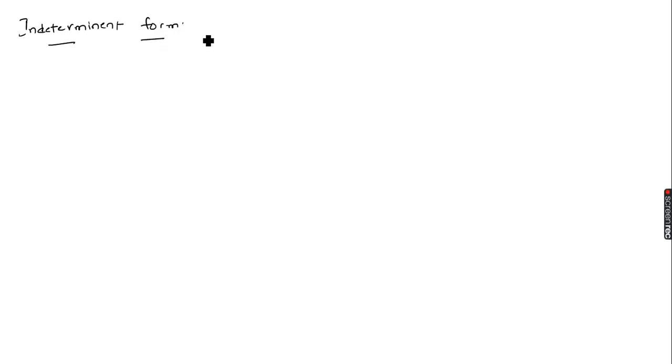So what are the indeterminate forms? One is 0 by 0. In our syllabus the indeterminate forms are 0 by 0, infinity by infinity, 1 power infinity, 0 power 0, and infinity power infinity. So these forms are called indeterminate forms.